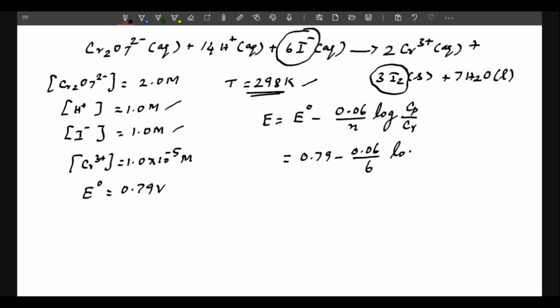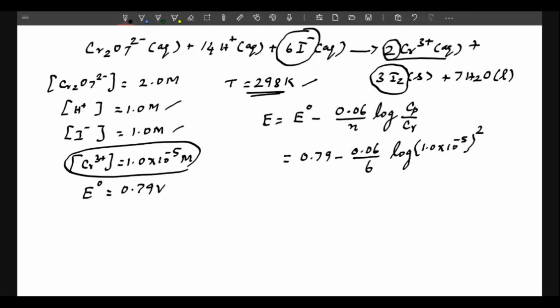Therefore, 6 into log of the concentration of the product, chromium 3 plus. The chromium 3 plus concentration is given, so you write it as 1 into 10 power minus 5, to the power 2, because 2 chromiums are there. You write down the equilibrium constant equation, concentration power.